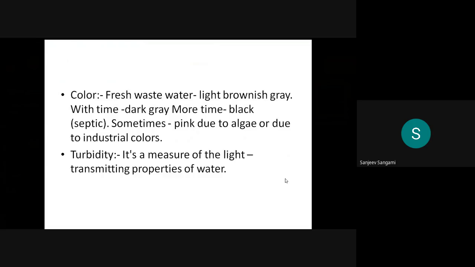In the previous class, we were discussing the relationship between temperature and dissolved oxygen.